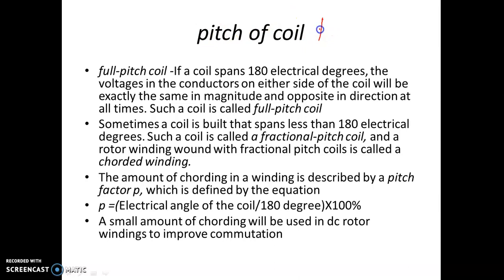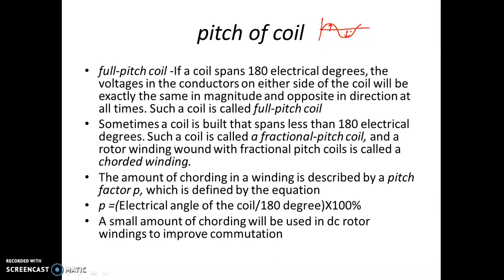So one conductor will be positive voltage, another conductor will be negative voltage at all times. Such a coil is called a full pitch coil.